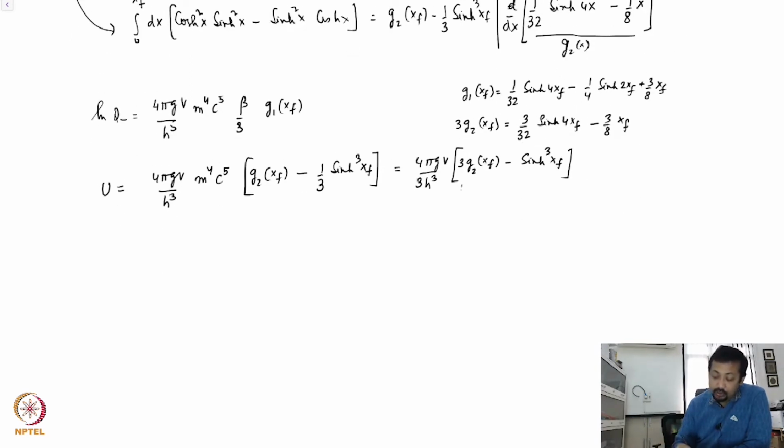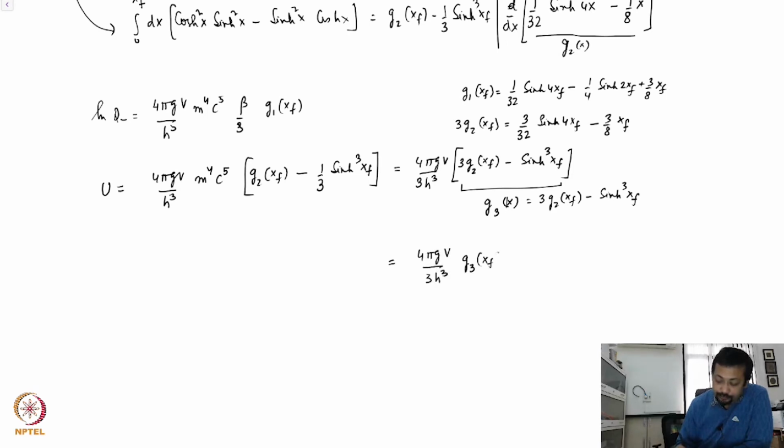Let's call this together G3 of X, which is equal to thrice G2 of XF minus sinh cube of XF, so that I have the result 4 pi G V over 3h cube G3 of XF. That's it. So far so good.